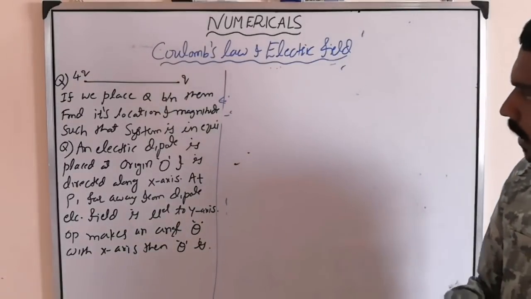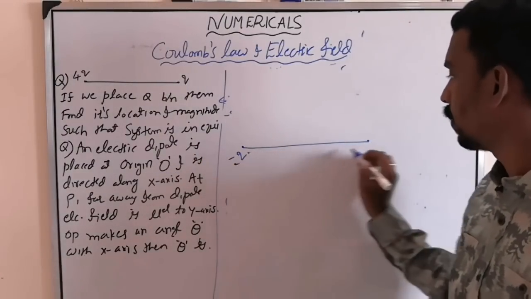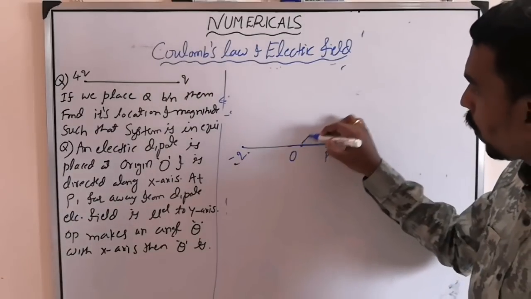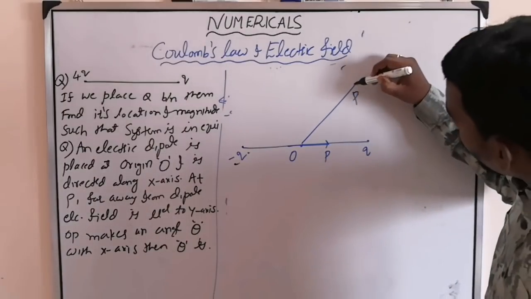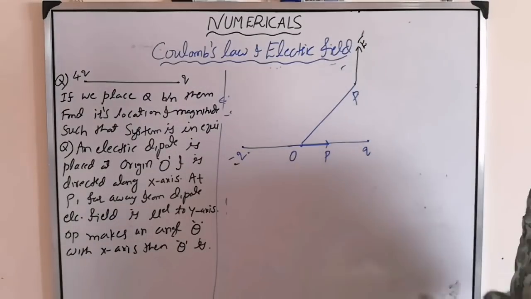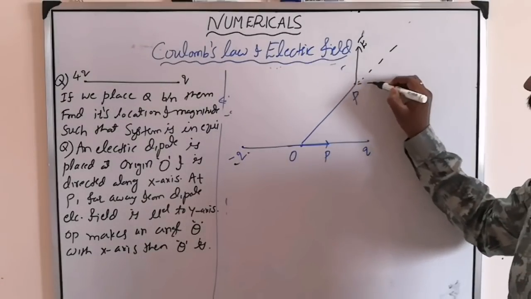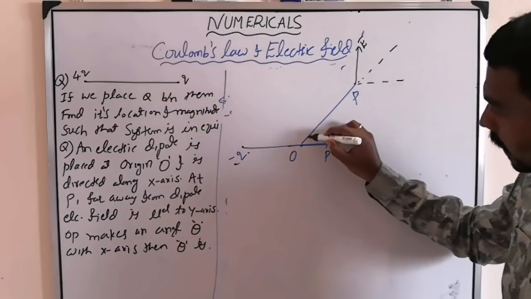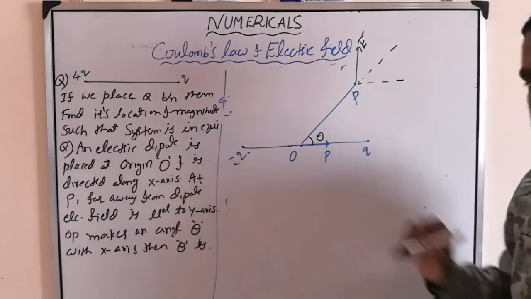So now, if you take the question, understand the question properly: there is a dipole at origin, with its dipole moment, and one random point P. Here the resultant electric field is along the y-axis exactly. This is the x-axis, this is the line OP, which makes an angle theta with the x-axis.